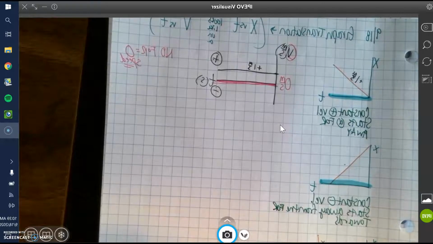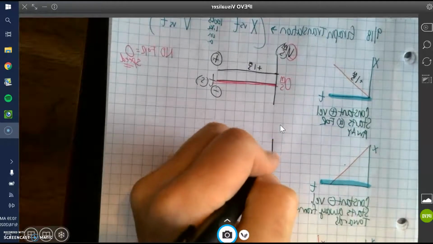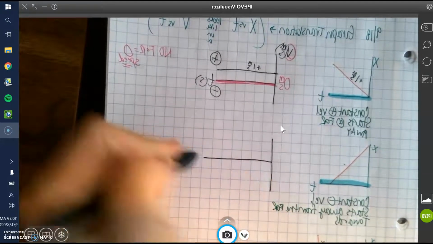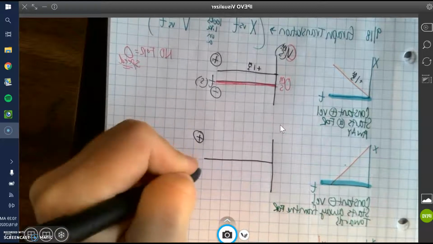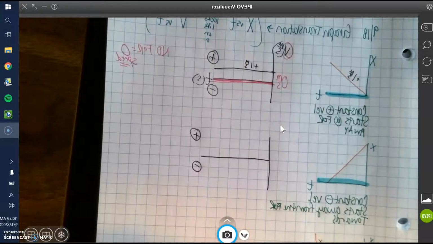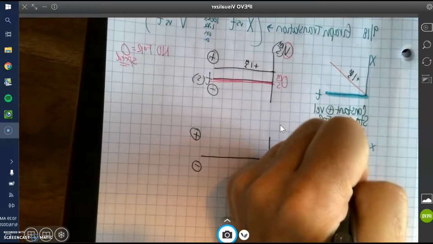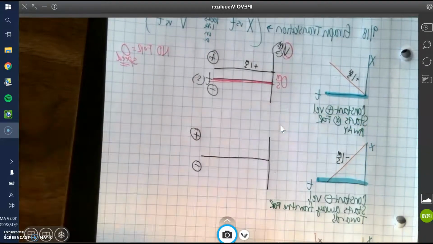Let's go to the second graph. So the second graph, once again, on a velocity time graph, I'm always drawing 2 quadrants. I'm drawing quadrant 1, which is positive, and quadrant 4, which is negative. Let's just pretend that the velocity is negative 1 meters per second.